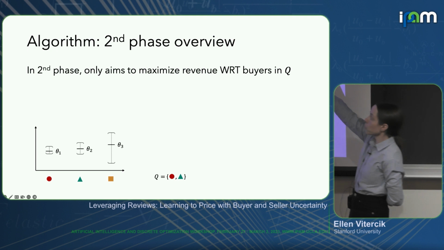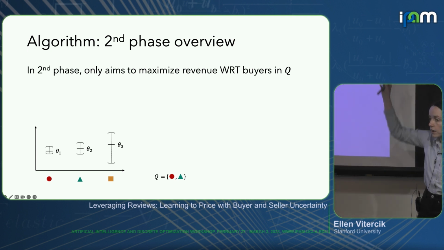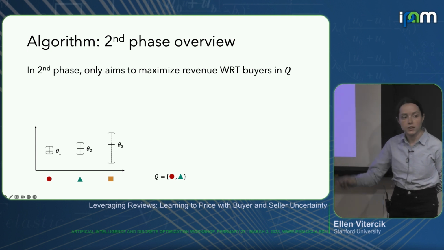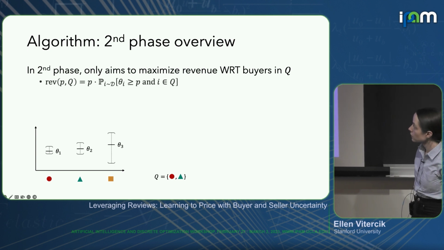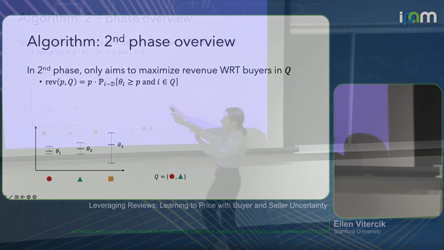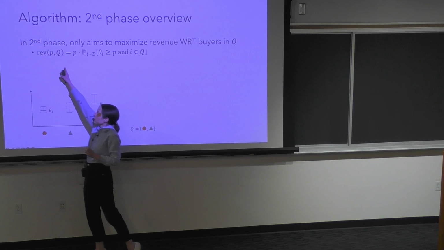So in the second phase, we're only going to aim to optimize revenue with respect to the set of relatively frequent types Q. To do so, I'm going to define a little bit of notation.